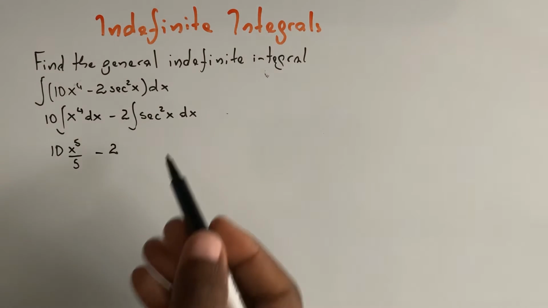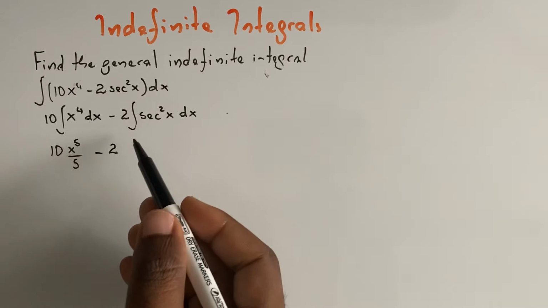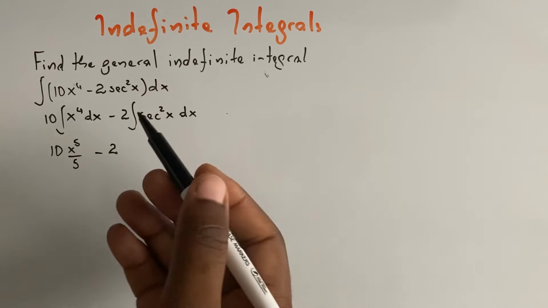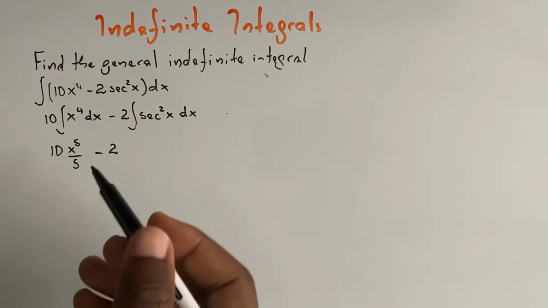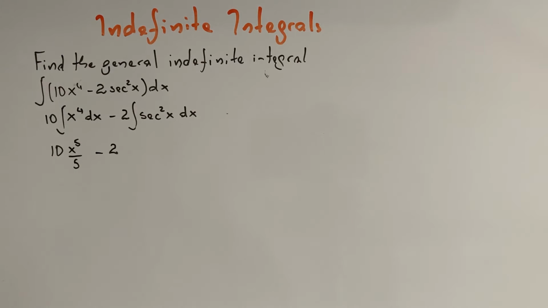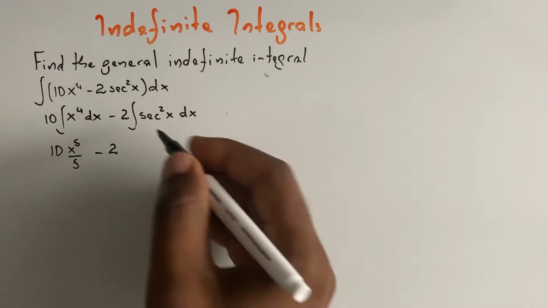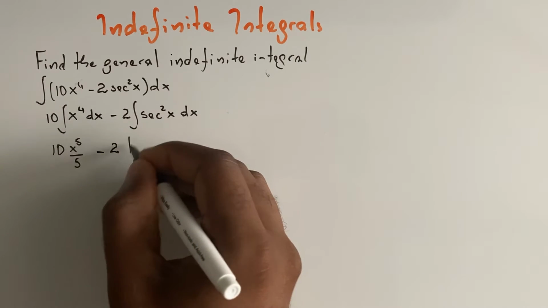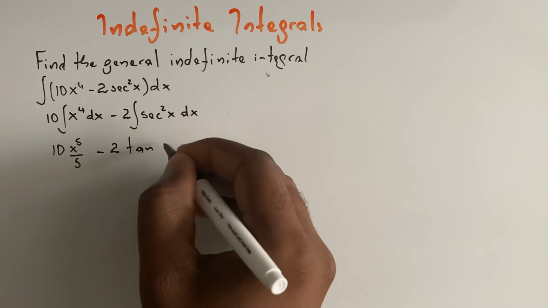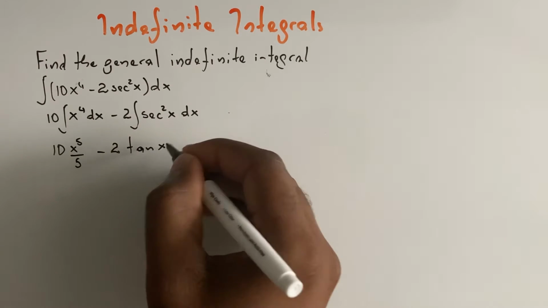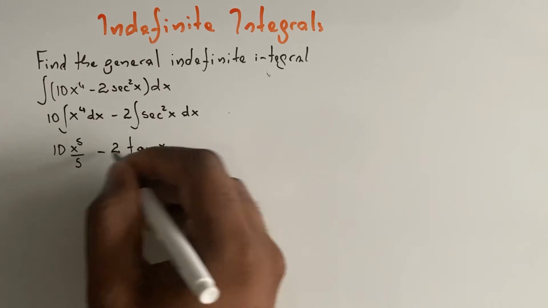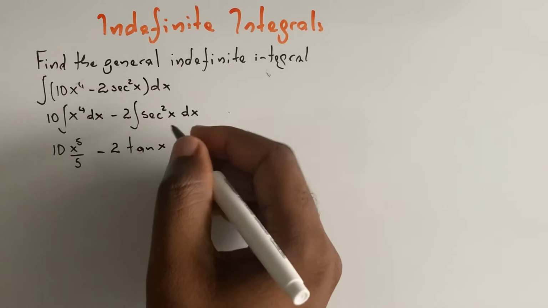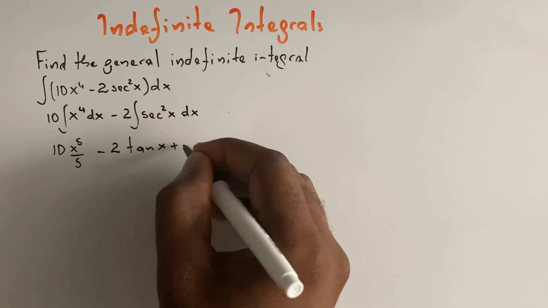Now according to the conversion table, which you would pretty much memorize, the integral of secant squared x is just tangent x. So that would be tangent x. Remember the 2 here, so tangent x. And since it's an indefinite integral, plus c.